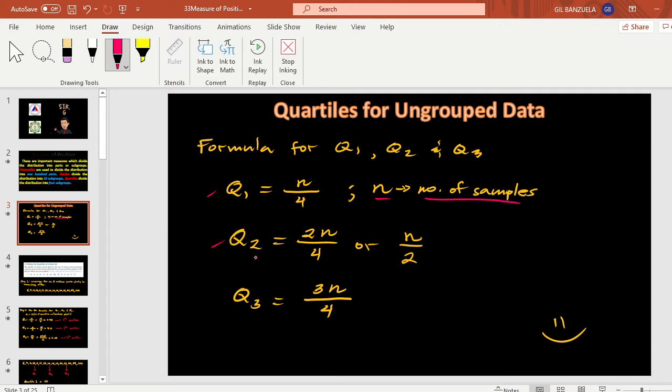Q sub 2 or quartile 2 is equal to twice the number of samples divided by 4, or simply n over 2. And of course for quartile 3, Q sub 3 is equal to 3 times n all over 4. So these are the formulas for getting each quartile in ungrouped data.